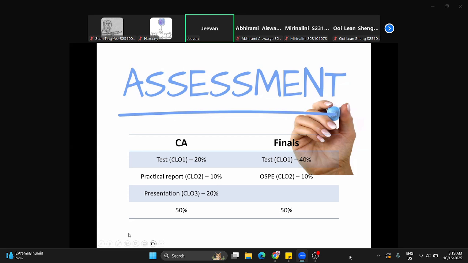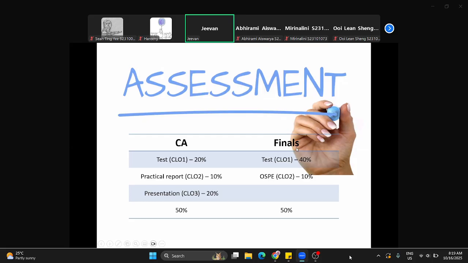Okay. And lastly, you will be given a project, and for the project, you have to do a presentation. Your presentation will cover another 20%. So in total, your continuous assessment marks will be 50%, which leaves another 50% to be covered in the finals.